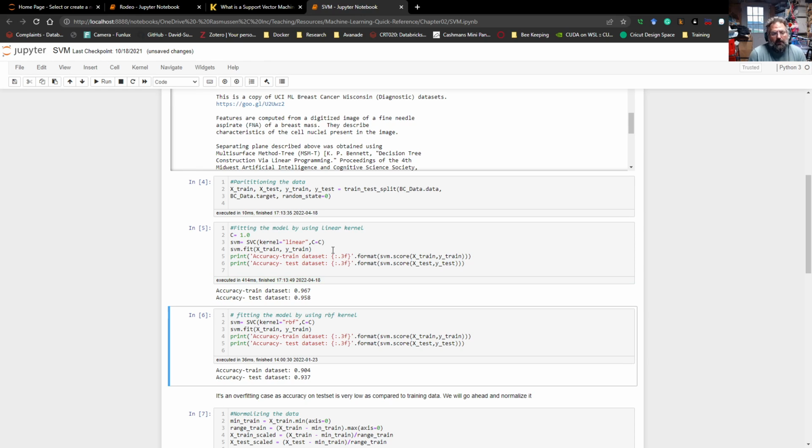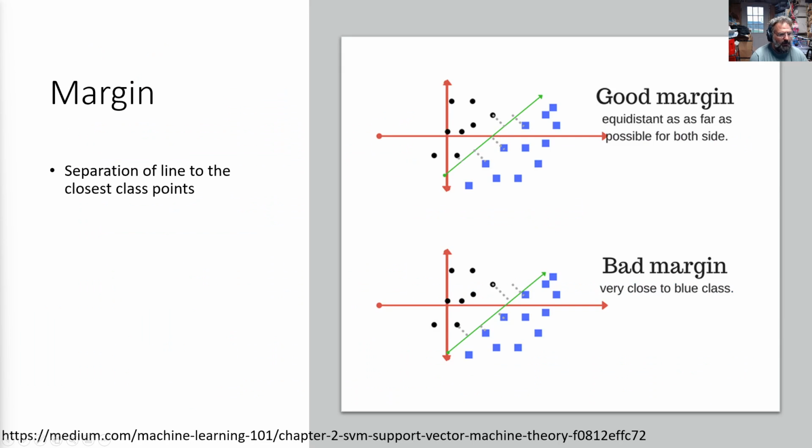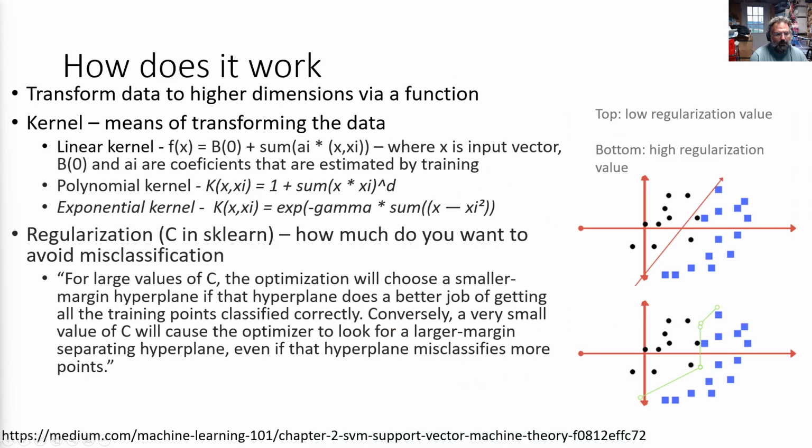And here, as you recall, that C we talked about is, I believe, the regularization, sorry, not gamma. So how much do you want to adjust to avoid misclassification?